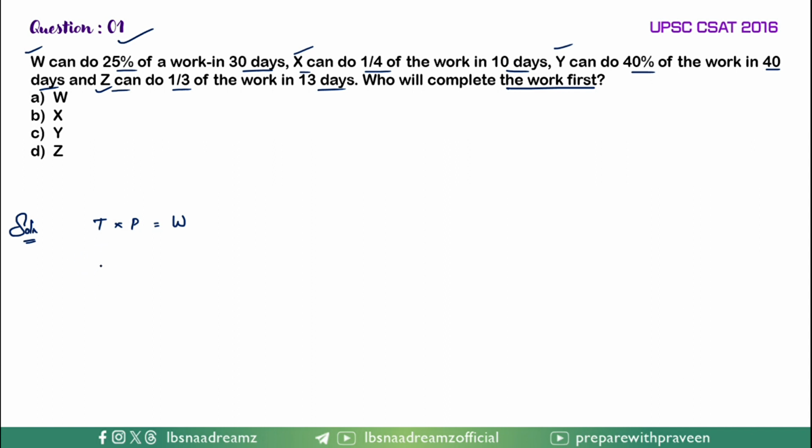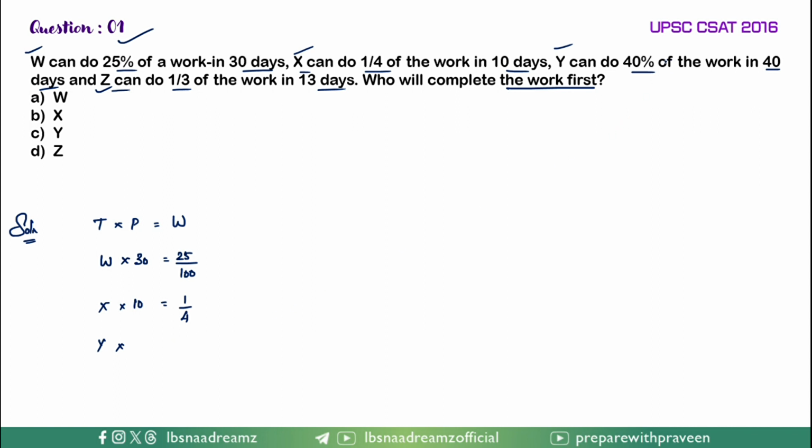So W: 30 days into productivity is equal to work done 25%. X will do the work in 10 days and he can do 1 by 4th of the work. 1 by 4.